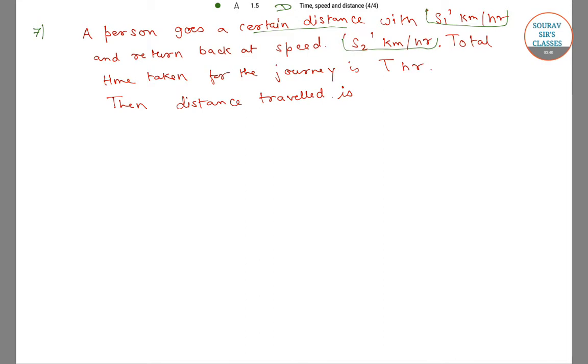The total time taken for the journey, if it is given by T, then the distance travelled by the person is given by, that is, D is equal to T into S1 into S2 divided by S1 plus S2.